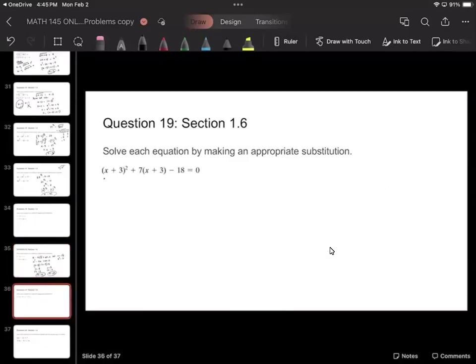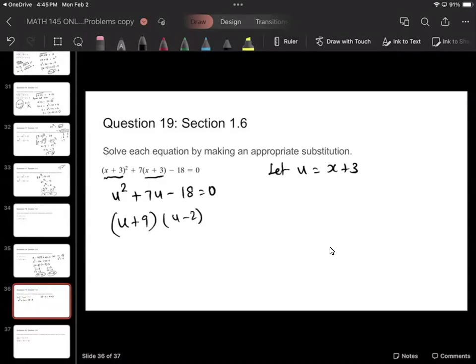Here you see that this is in the place of x, this is in the place of x, right? So the substitution I'm making is u is x plus 3. So this becomes u squared plus 7u minus 18 is 0. I factor. I have u is negative 9, u is 2.